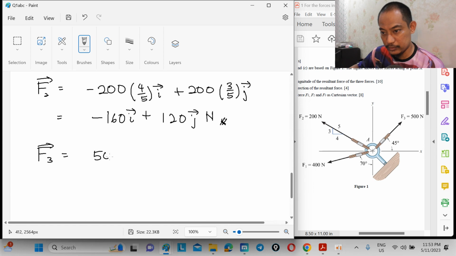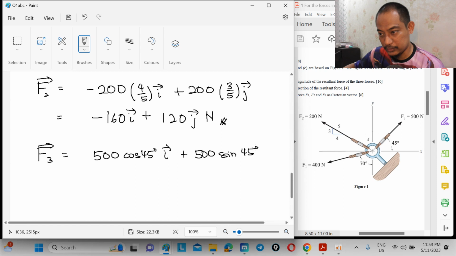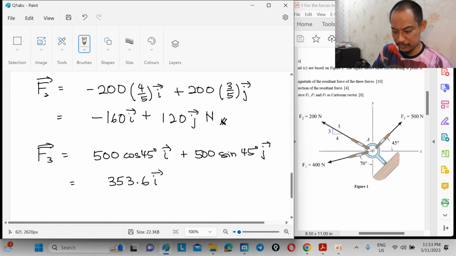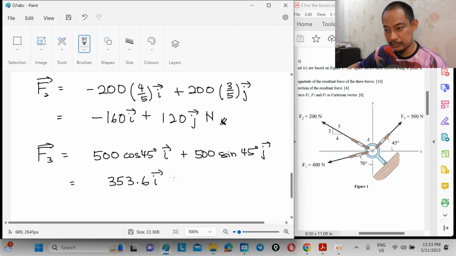So 500 cos 45 degrees I plus 500 sine 45 degrees J. So 500 times cos 45, 353.6 I. It should be the same, right? 500 times sine 45, just checking, 353.6 J Newton.